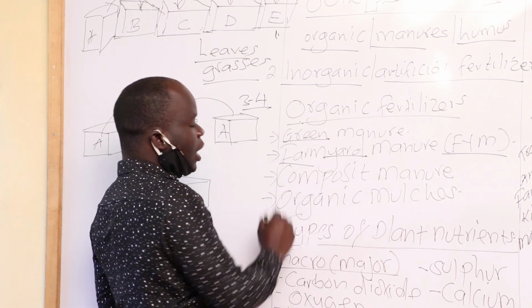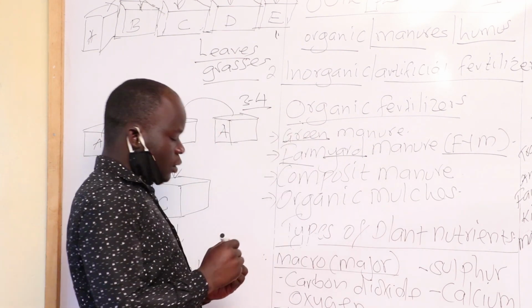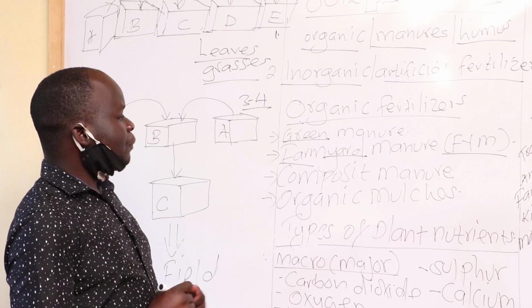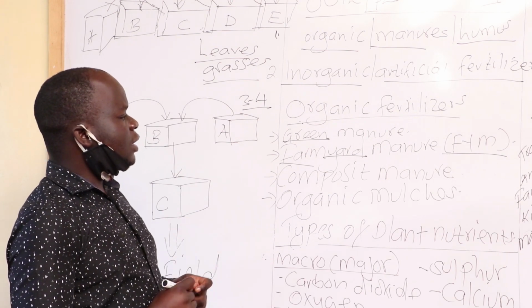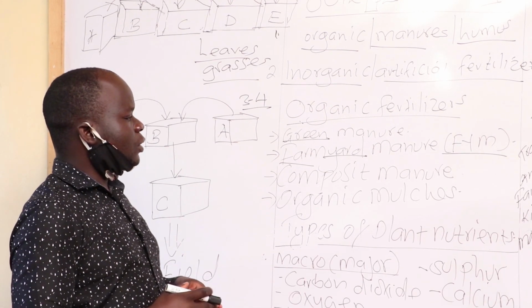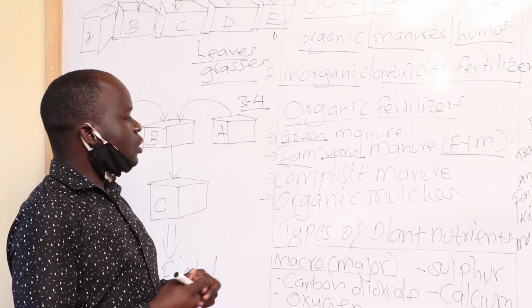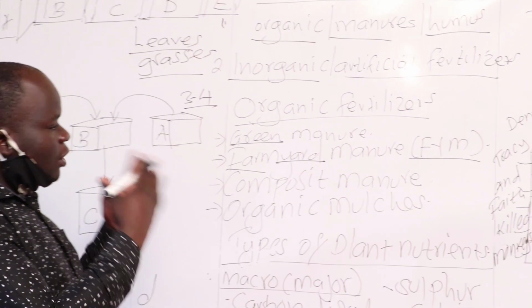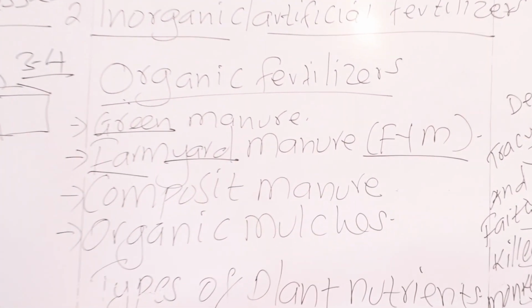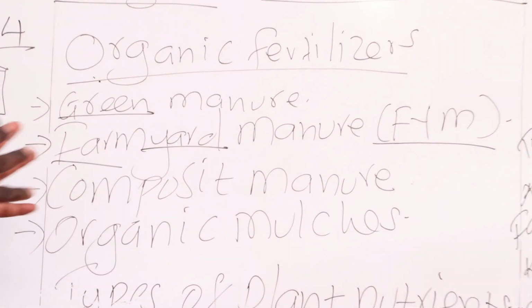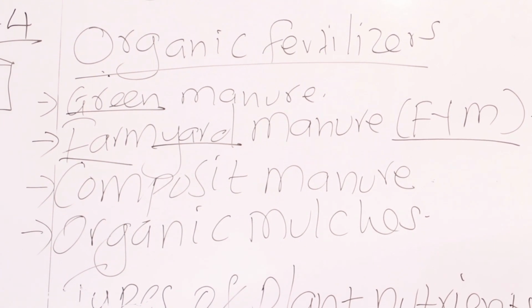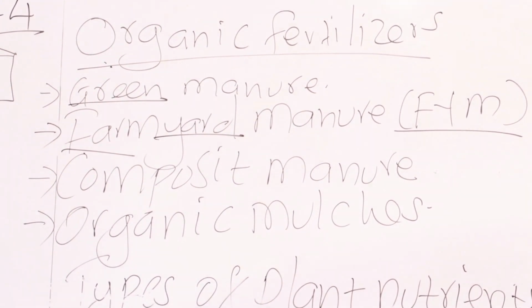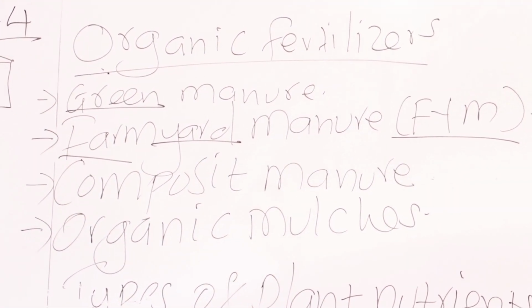It looks like cow dung, and then you drop it in the chamber. So for farmyard manure, you rear your animals, give them a specific place, let those animals spend their time at that specific place, then go and collect that type of waste. That is what you call farmyard manure.